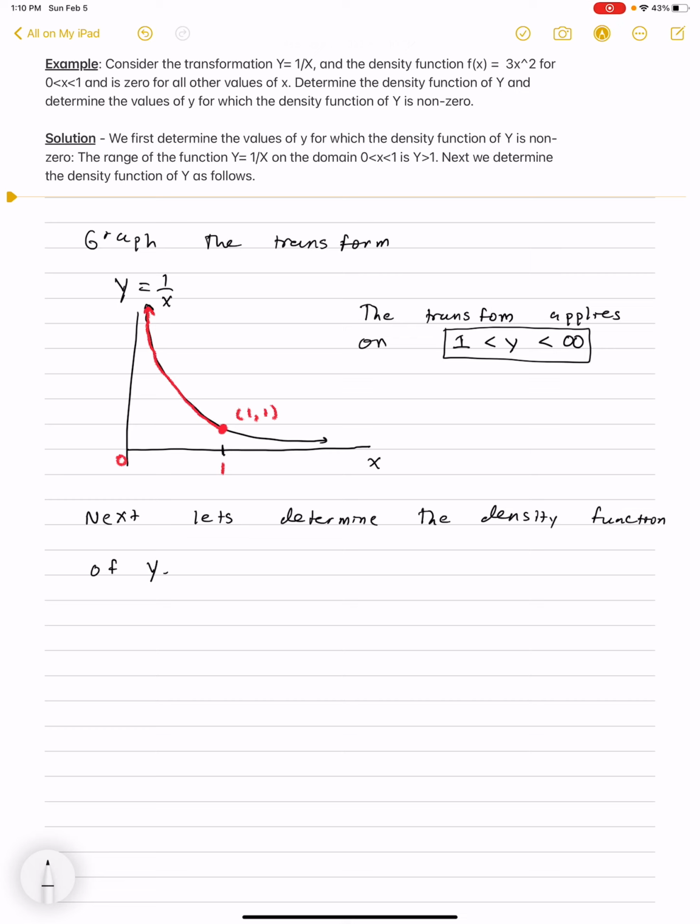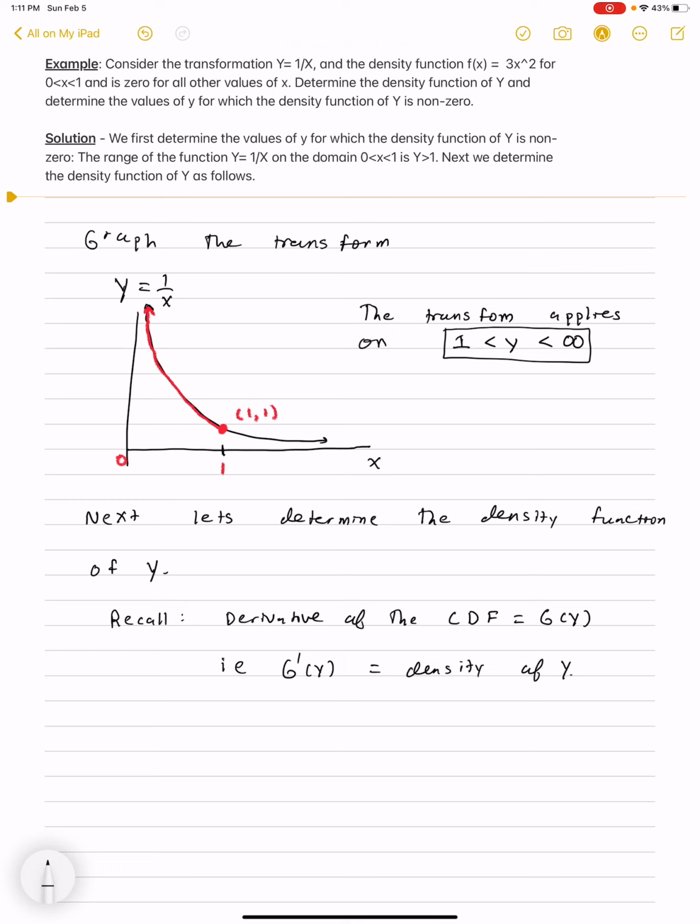Okay. Now, I'm going to recall that the derivative of the CDF, the cumulative distribution function, the derivative of the CDF, i.e. g prime of y, that is equal to the density of y.